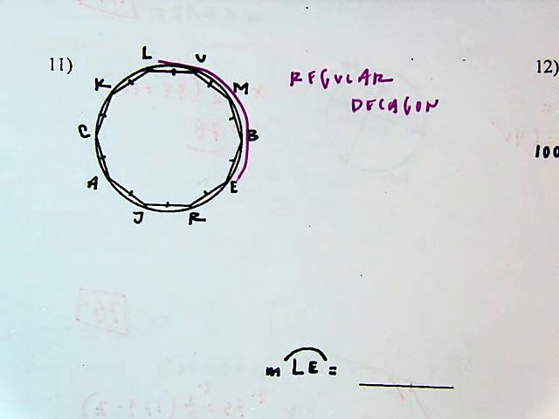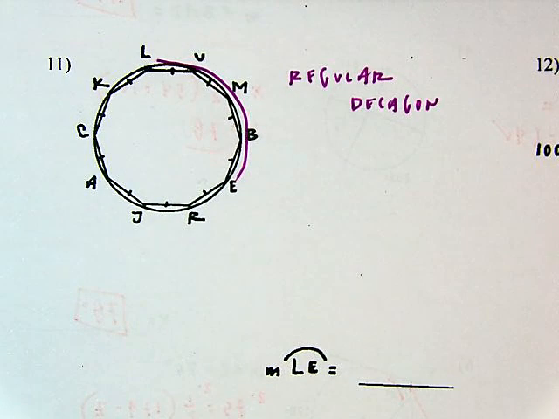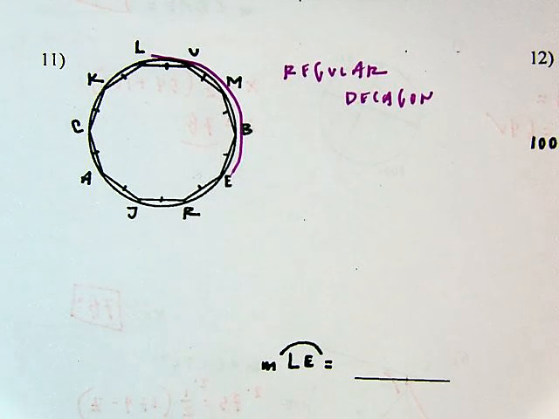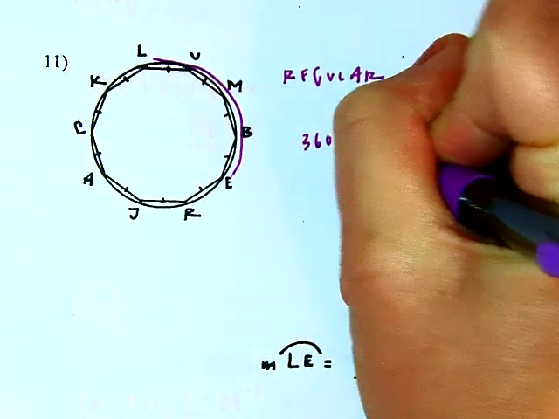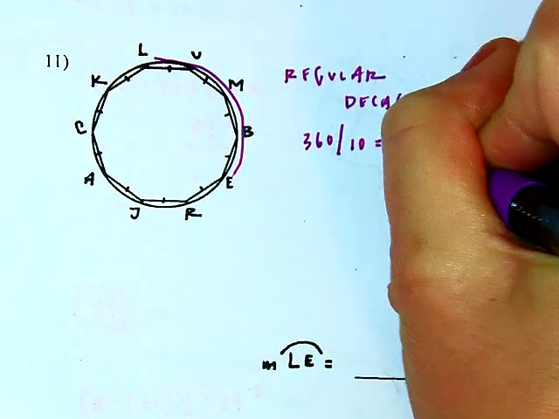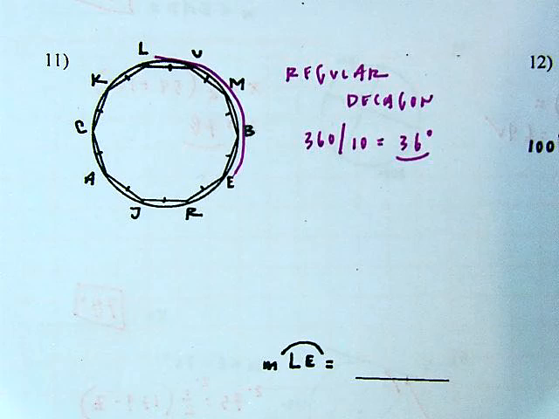I could also view it as, well, there's 10 congruent chords that are cutting off equal portions of the circle. So we really have 10 congruent arcs. So if I take my 360 and I split it 10 ways, each of those minor arcs would be 36 degrees.